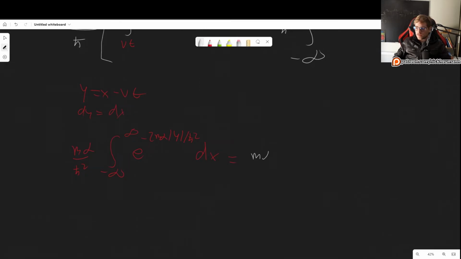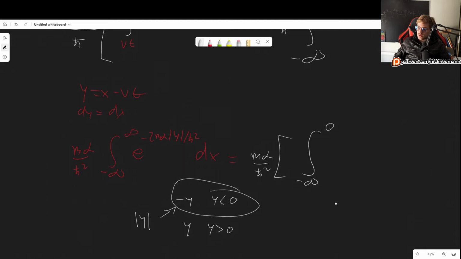What we have done previously is something that's very good, and we separate the integral. We say, okay, since the absolute value has two different possible values, so absolute value of y, this is minus y if y is smaller than 0, or y if y is greater than 0. So we separate the integral from minus infinity to 0, where this is going to have the value of minus y.